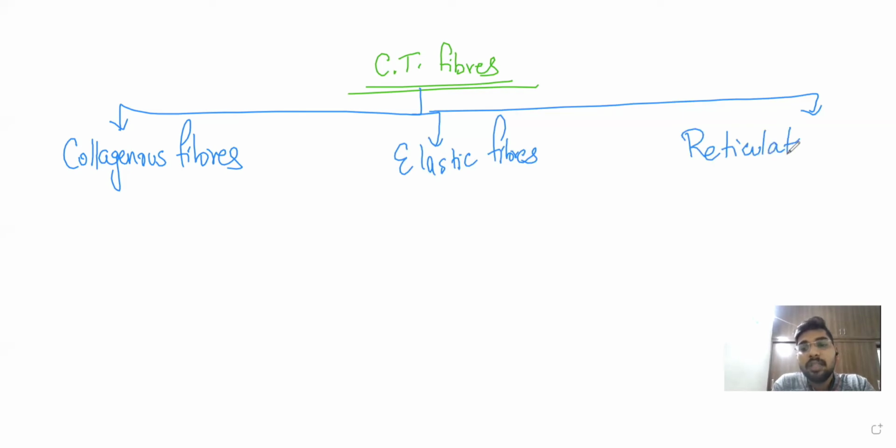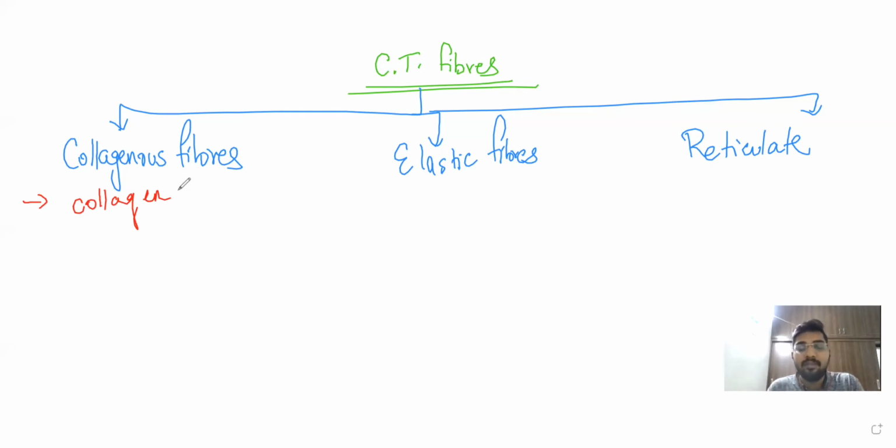The collagenous fiber is made up of a protein called collagen. Those fibers where the protein collagen is utilized become collagenous fibers.